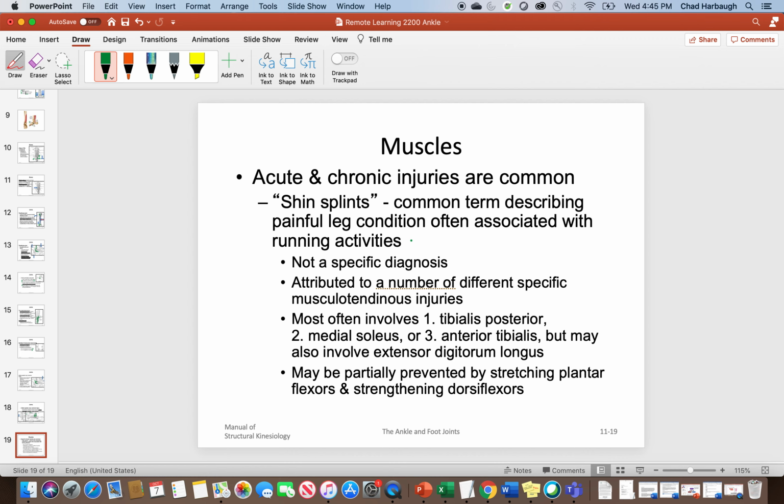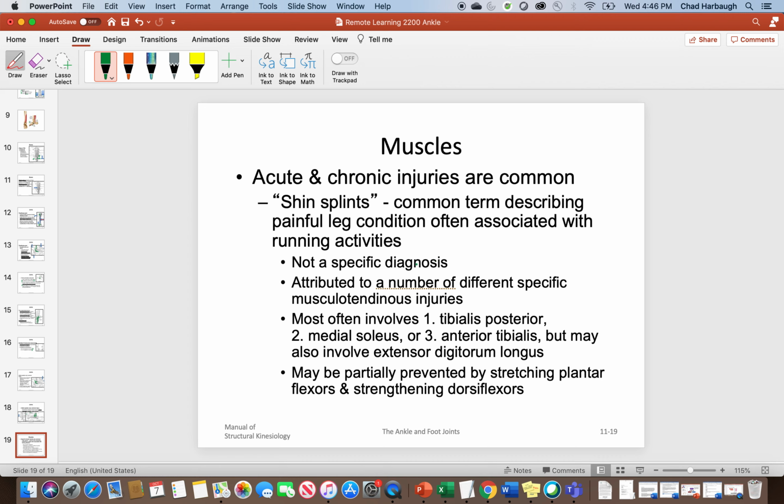We also see people who are overpronated have problems with shin splints, and also people classified as having flat feet or who don't have a prominent arch. The lack of a prominent arch causes the arch of the foot to collapse when loaded, and it stretches the intrinsic muscles and tendons of the foot and the ankle.